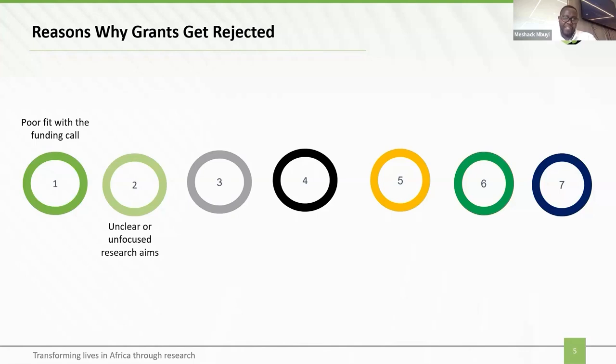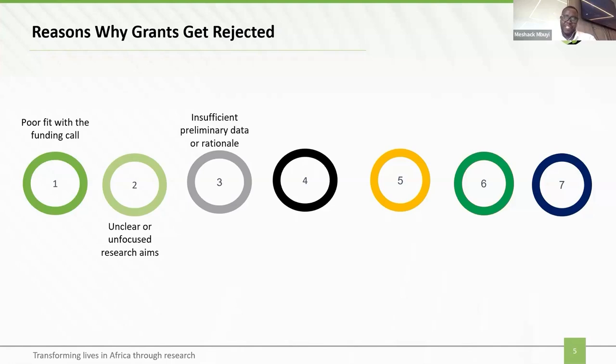Also, it may have unclear or unfocused research aims. You'll realize most of the time your research aims do not align with your hypothesis or the different components of your application. So this also is a very serious reason why a grant may be rejected.